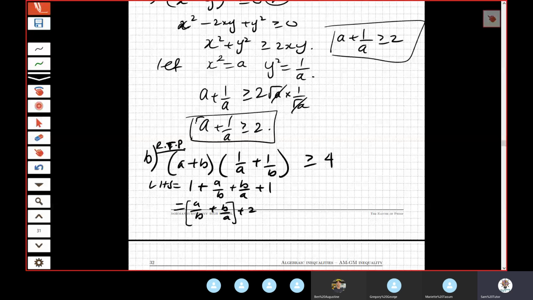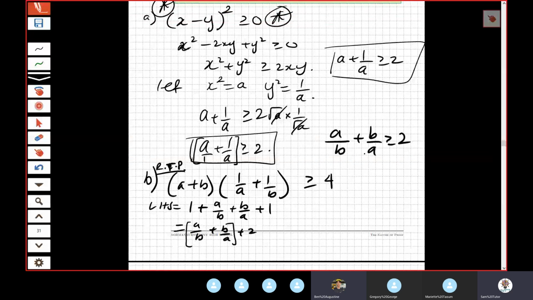This actually is this. Can you see how that is that? Because isn't this over 1? So can't you conclude that a/b + b/a is also greater than or equal to 2? And plus 2 is 4.